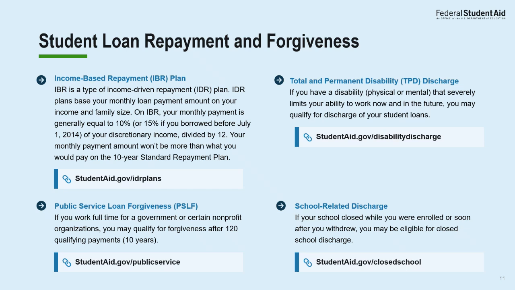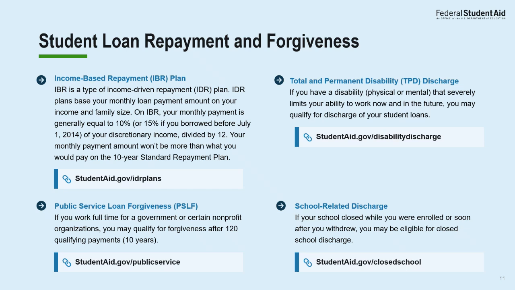The first is our income-based repayment plan. As I noted at the beginning of this webinar, the application for IDR is now available, and therefore you will be able to apply for an income-based repayment plan. Now, what makes this such a viable option? Well, this might have the opportunity to lower your monthly payment, and it only has a 10% discretionary income if you borrowed after July 1st of 2014, excuse me.